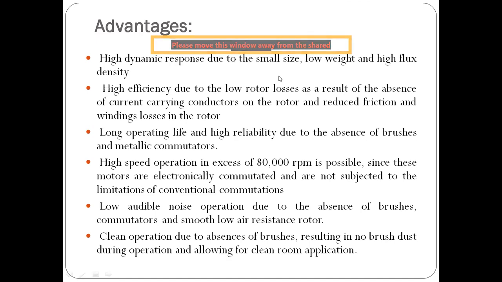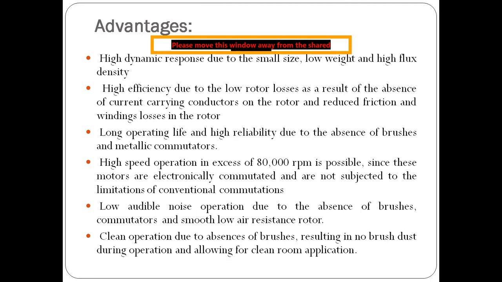Okay, ma'am. So the advantages of BLDC motors: high dynamic response due to the small size, low weight, and high flux density; high efficiency due to low rotor losses as a result of the absence of current carrying conductors on the rotor, and reduced friction and winding loss.